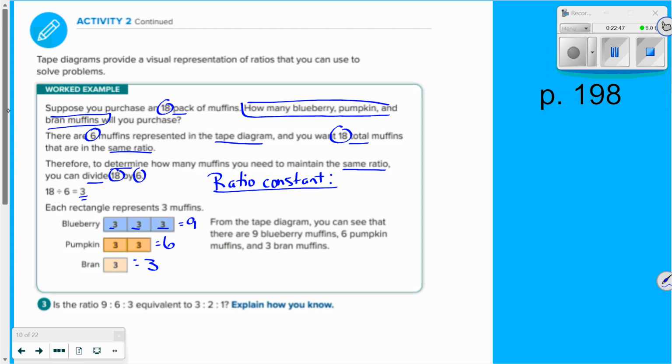The ratio constant is the number that goes inside a tape diagram to show equivalent ratios.